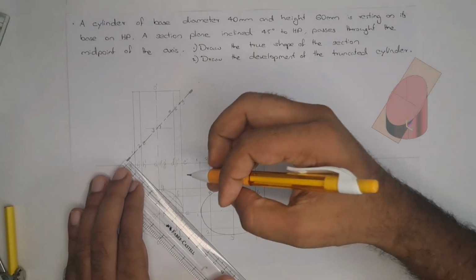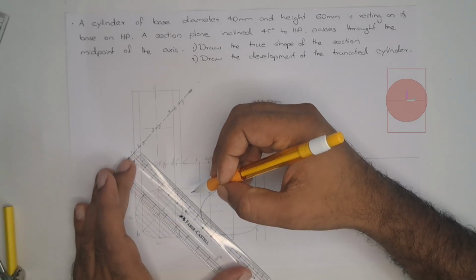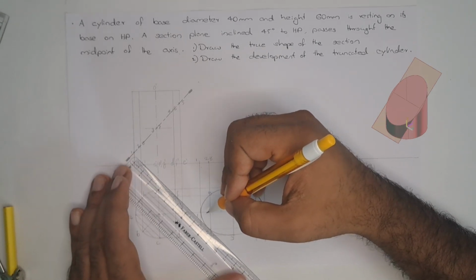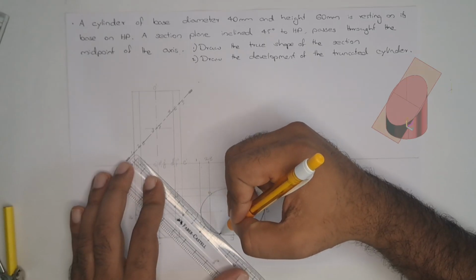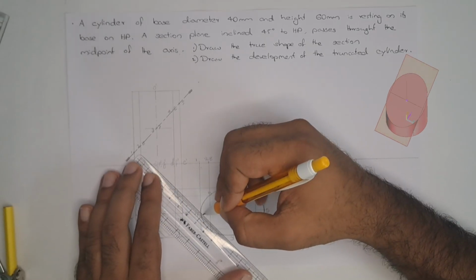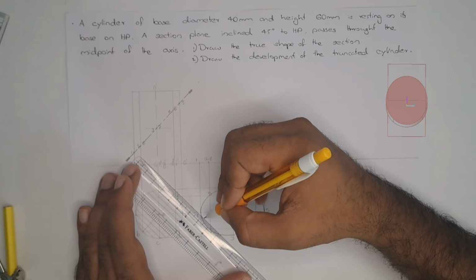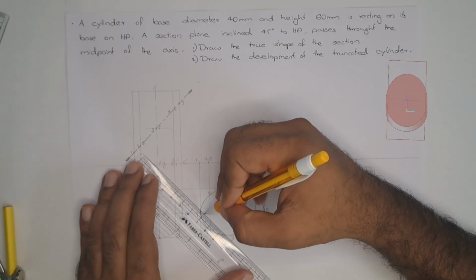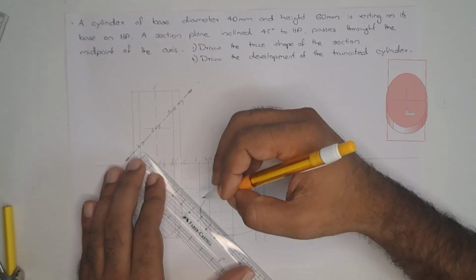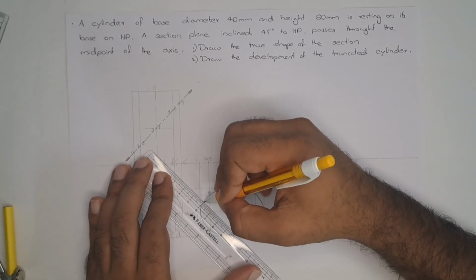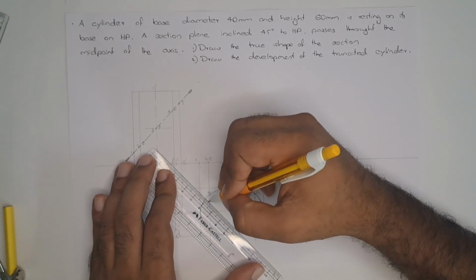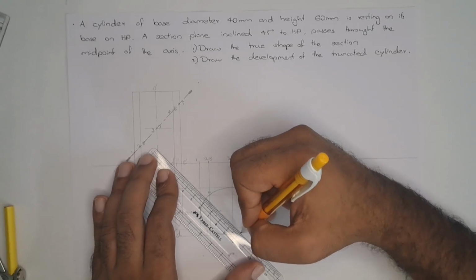Again, we can mark the 45-degree lines. Hatching lines must be equidistant.